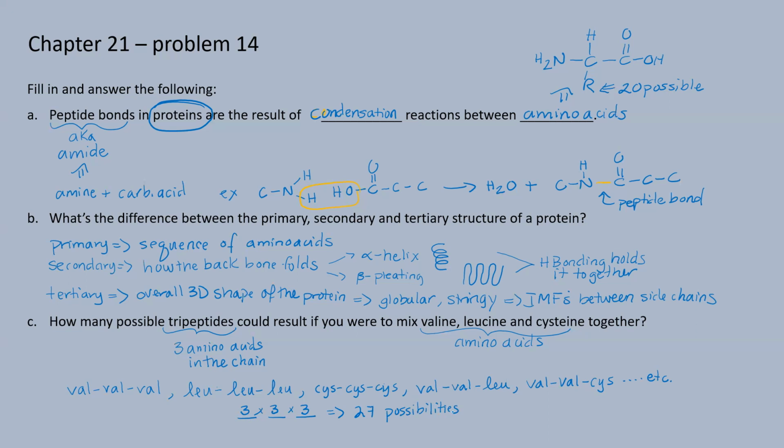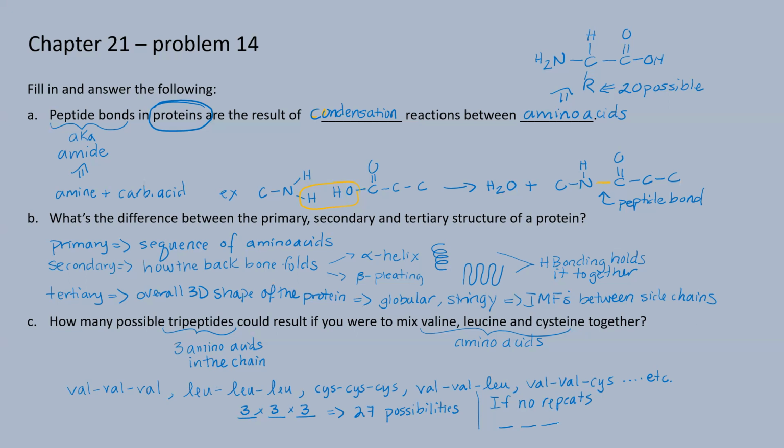But then there could be the question of how many are possible if you can't have the same amino acid twice. In the first 3 that I wrote out, I had 3 valines, so obviously I used valine more than once. If you can't have any repeats, we still have 3 positions.